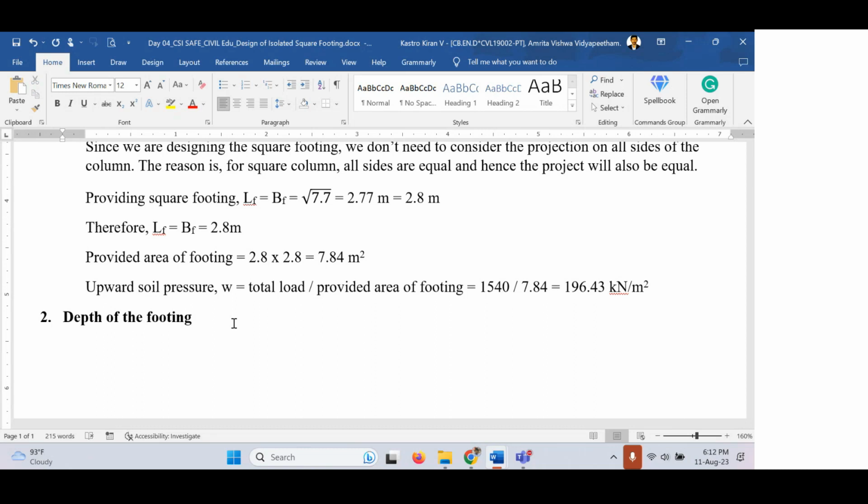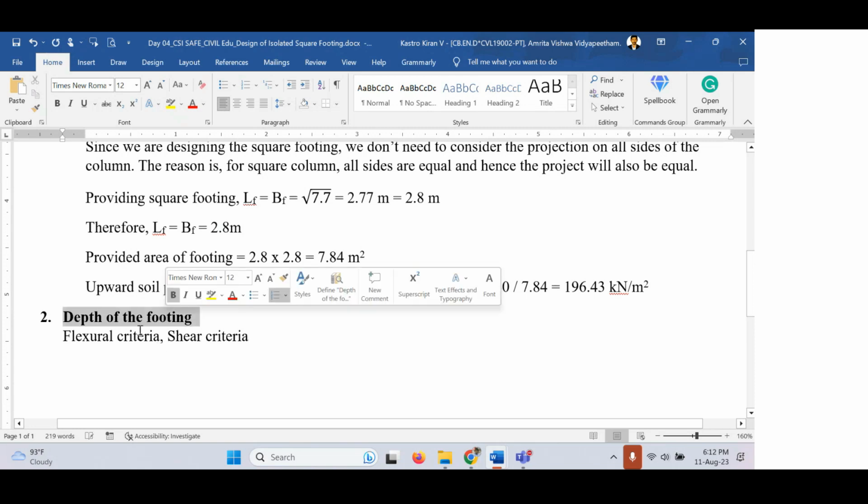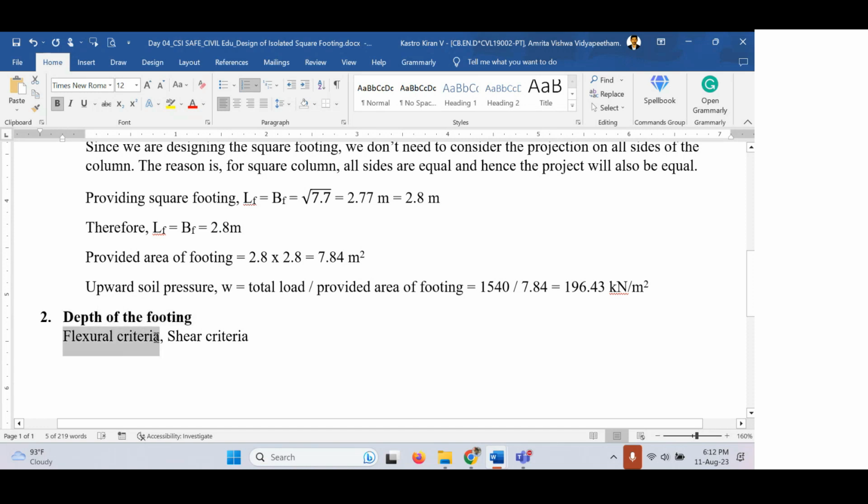The first is the flexural criteria, and the second is the shear criteria. These are the two criteria by which the depth of the footing is influenced. Now, we will calculate the depth of the footing based on the flexural criteria.